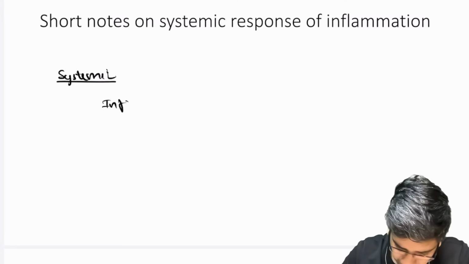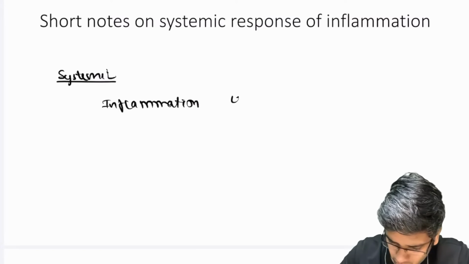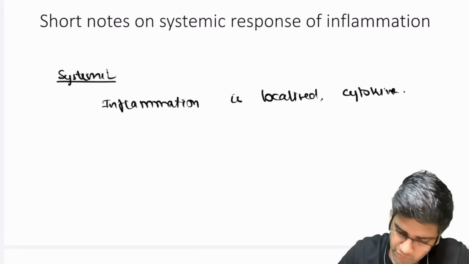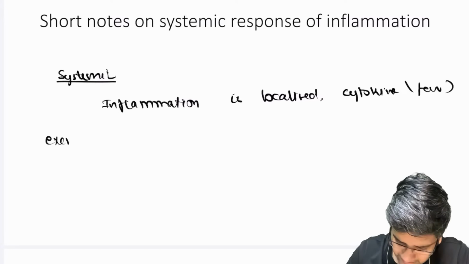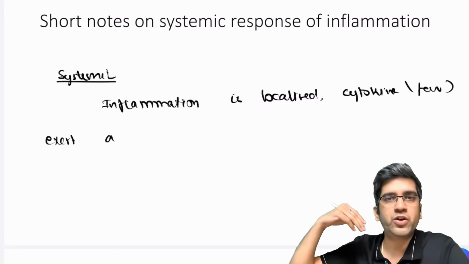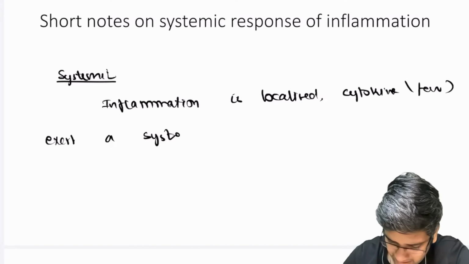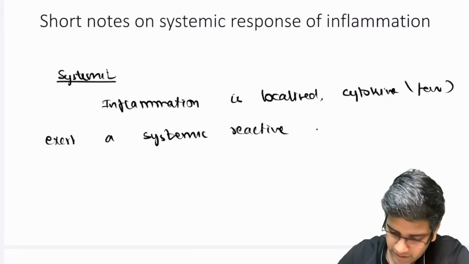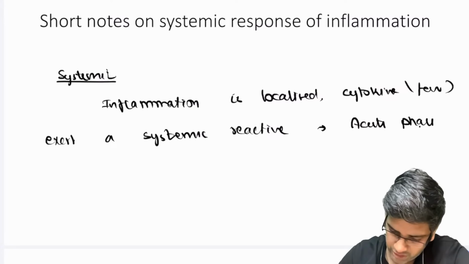Even if inflammation is localized, a few cytokines, not all, will exert a response far away from the site or exert a systemic reaction. These systemic reactions in collection, we call an acute phase response.